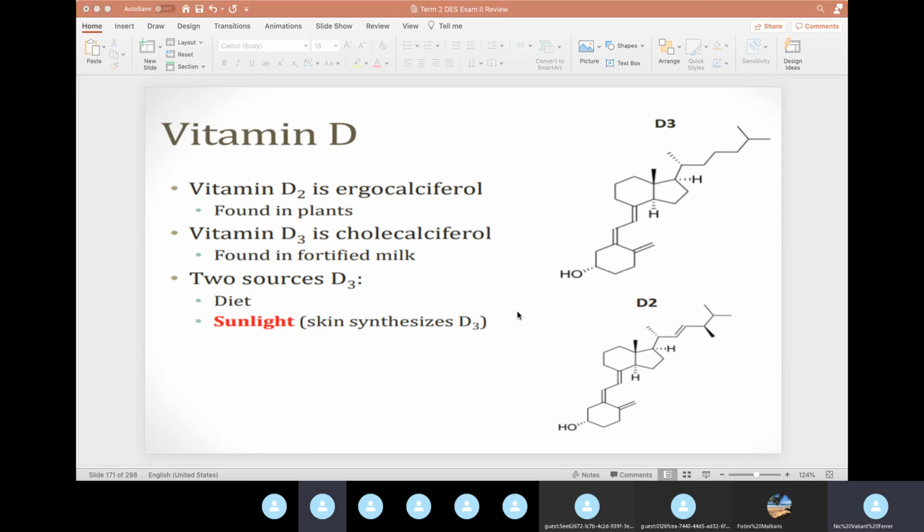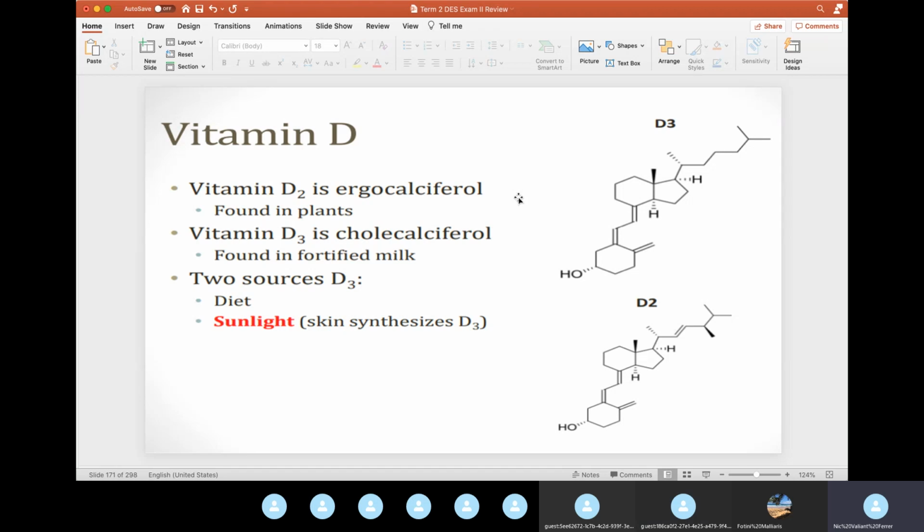In the liver, you have your 25-hydroxylase, right? And then in the kidney, calcidiol to calcitriol via your 1-alpha-hydroxylase. PTH acts on that enzyme.